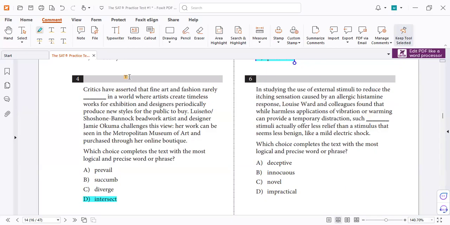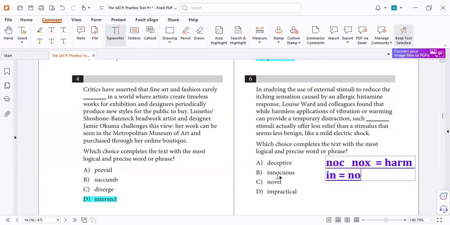So we had a problem in this part. You remember when I told you about the Latin roots NOC, NOX, because this is a word that came a lot, means harm, and the in means not. So innoxious here means not harmful, and this is an adjective to this noun.